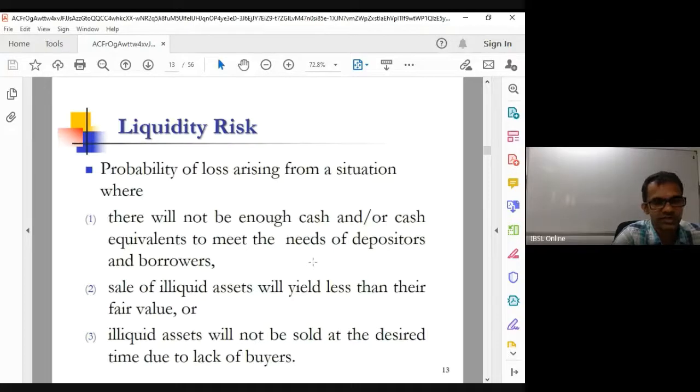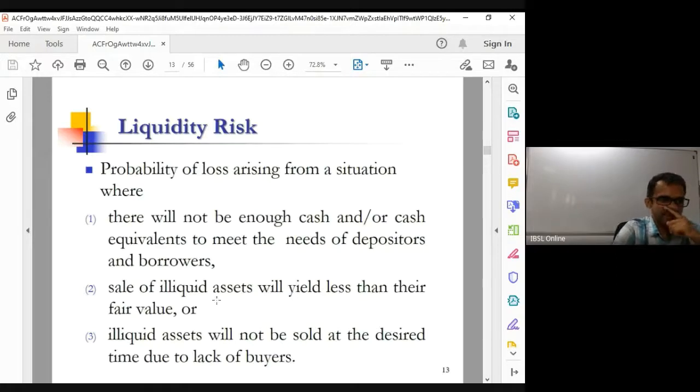You incur a loss, it doesn't matter. But still you can sell it and generate that 85 rupees. So that is liquid. Whether it generates a loss or a profit, it's a different story. But you have good quality assets which are almost equivalent to cash. If you don't have that, then it would become a problem.